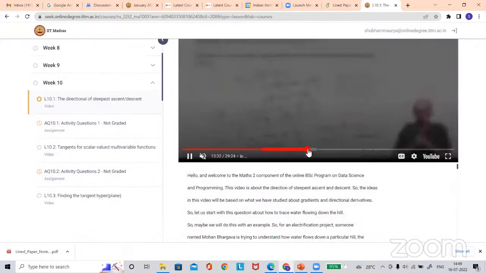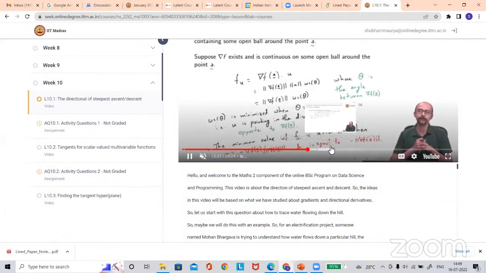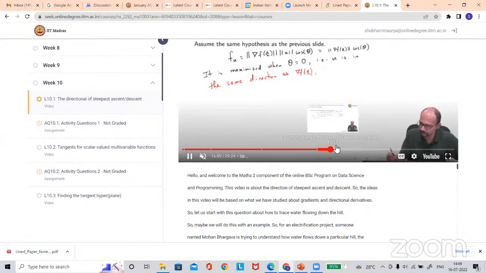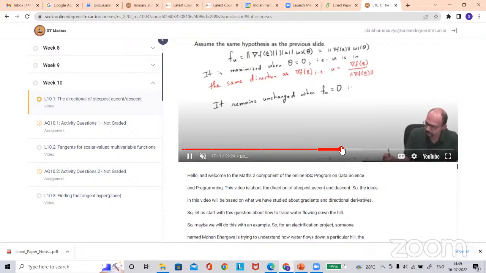Actually, I didn't understand the lecture properly. This lecture tells you in which direction your directional derivative is going to be maximum, and in which direction your directional derivative is going to be minimum.